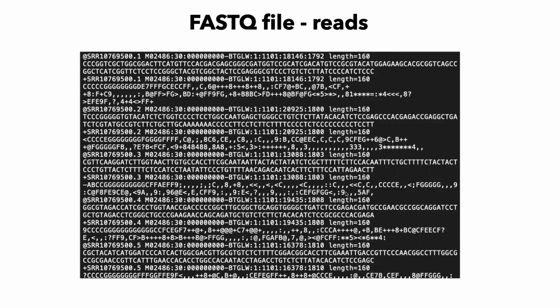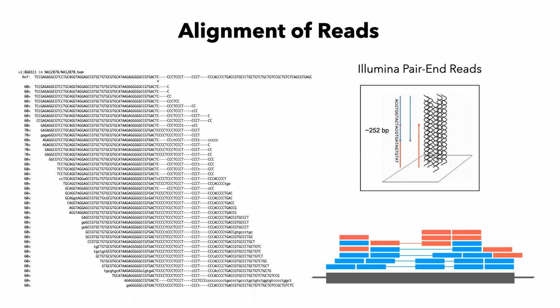Now, the intermediate format that shows us how those sequences are mapped onto the reference sequence is typically stored in a SAM or a BAM file. And so it's important to understand what these different file formats are, because we will take a look at them and use them in the different types of analyses that we will conduct with these files. So here you can see an example of a BAM file.